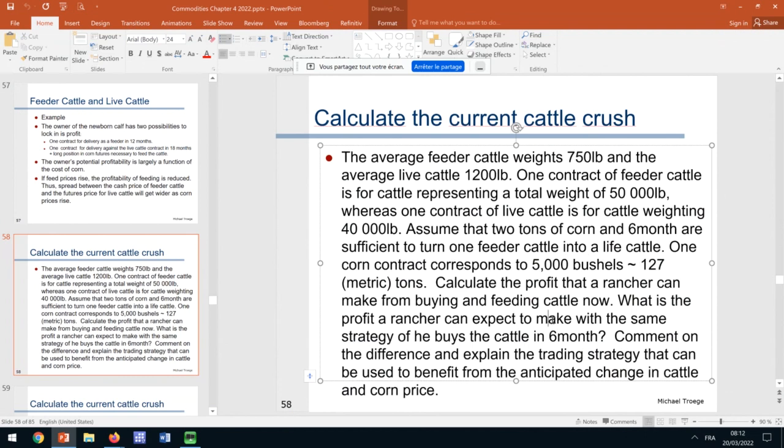Now let's figure out how many cows we have in one contract of feeder cattle and how many cows we have in one contract of live cattle. Once we have this, we know that we need 2 tons of corn per cow, and that can give us the relationships we're looking for.